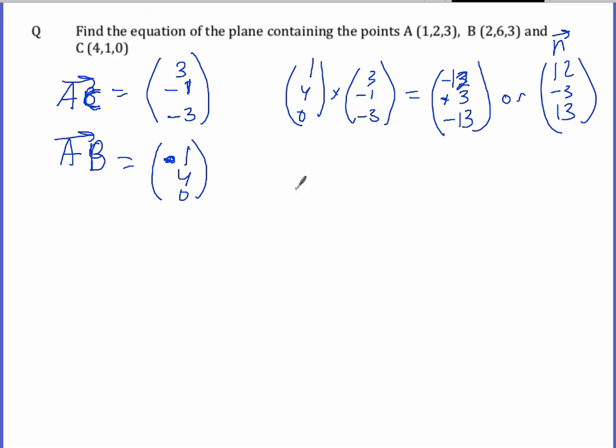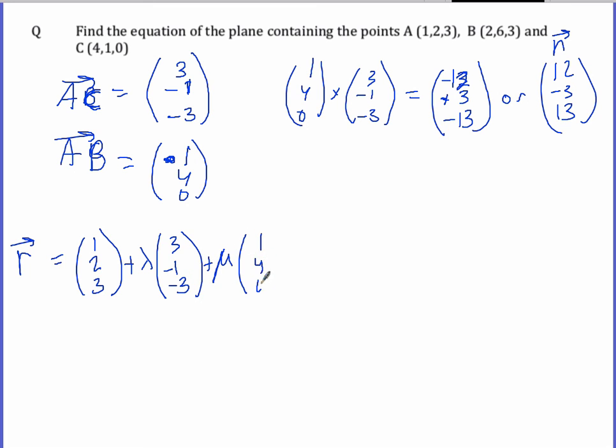To get the equation in Cartesian form, actually we could write the equation now in vector form just from this information, right? Let's do that first. A point on the plane is this, plus lambda 3, negative 1, negative 3, plus mu 1, 4, 0.